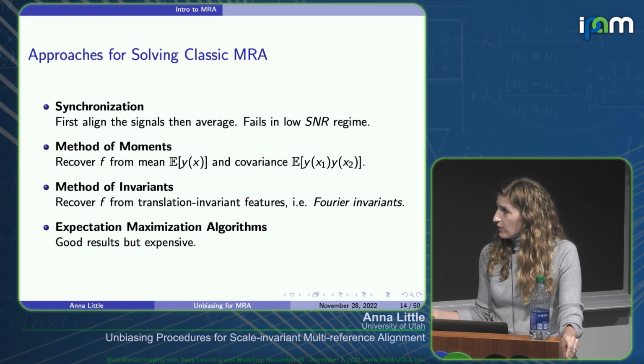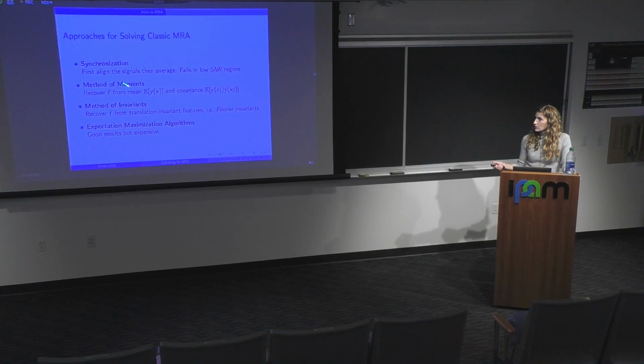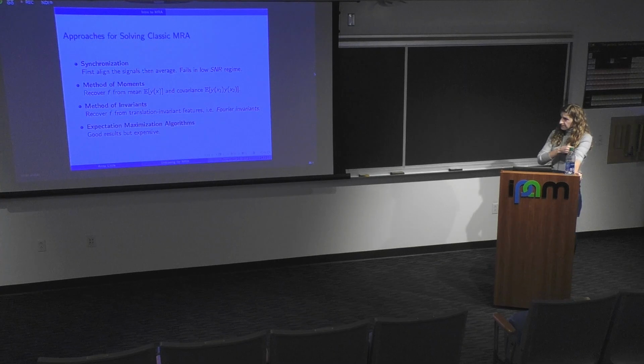You can try to solve the problem with the method of moments. The basic idea is that you recover the hidden signal from statistics of the noisy data. You might look at the mean, the expectation of y of x, and also at the covariance of the observed signals, and from that recover y.